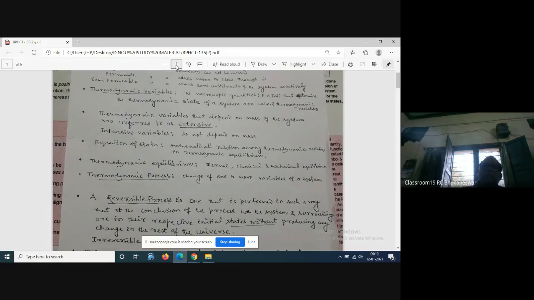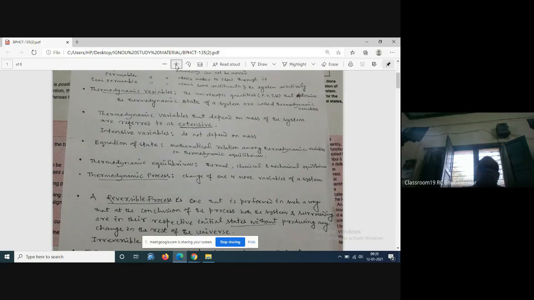We know PV equals RT in thermal equilibrium. That is an equation of state. Similarly, other equations relate pressure, volume, temperature. These equations or relations are called equations of state.